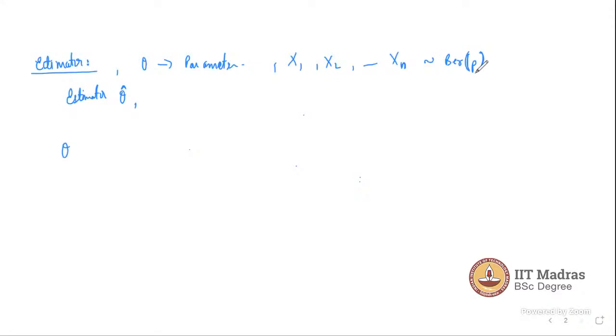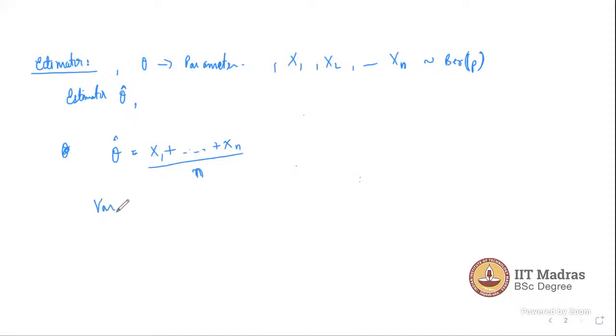If I take the estimator theta hat to be the sample mean, it is going to be (x1 plus x2 plus up to xn) by n. If I have to find the variance of this estimator, what is your estimator? An estimator is nothing but a function of random variables. You have n random variables here, and this theta hat, the sample mean, is a function of the random variables.